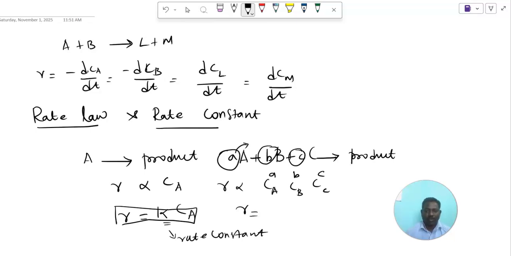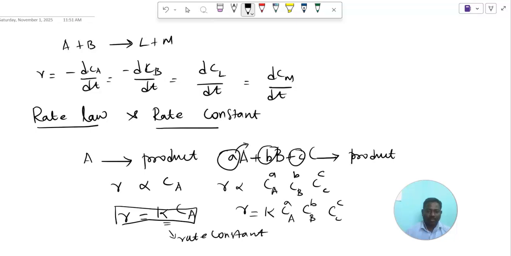So if you remove the proportionality, the proportionality constant is included. So it is nothing but K Ca to the power a, Cb to the power b, and Cc to the power c.